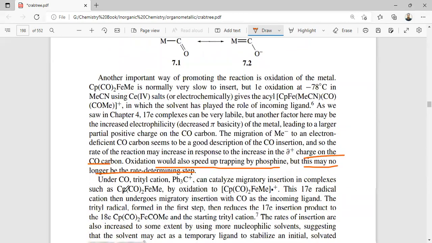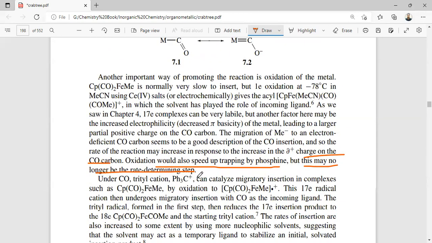So under CO, the trityl cation Ph3C+ can catalyze the migratory insertion in complexes such as CpFe(CO)2Me by oxidation to CpFe(CO)2Me radical cation. This 17-electron radical cation then undergoes migratory insertion with CO as the incoming ligand, and the trityl radical formed in the first step then reduces the 17-electron insertion product to the 18-electron CpFe(CO)2COMe and regenerates the trityl cation.